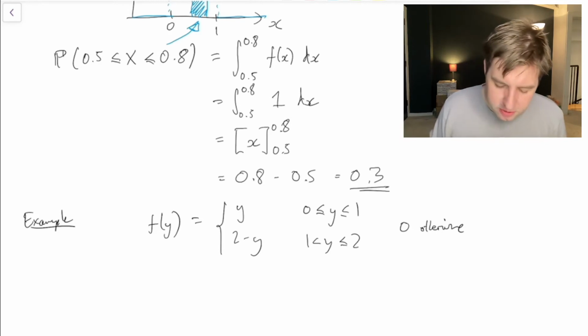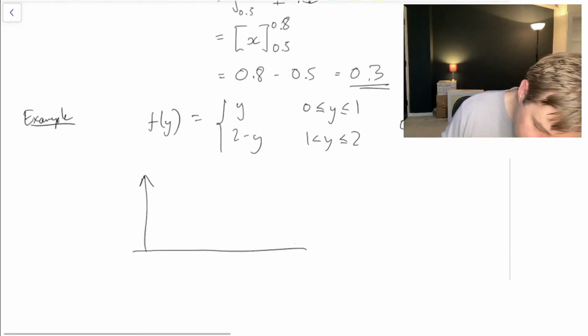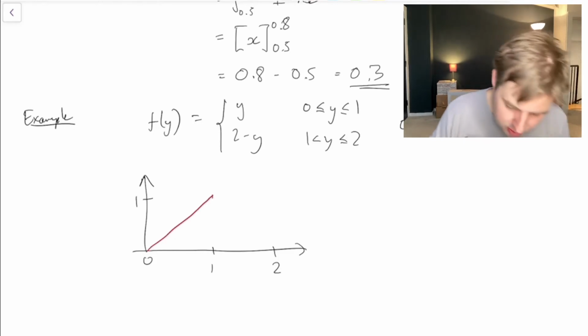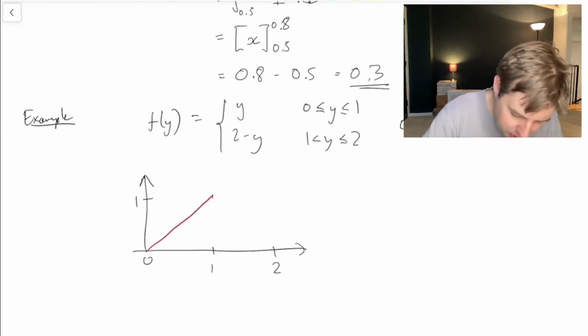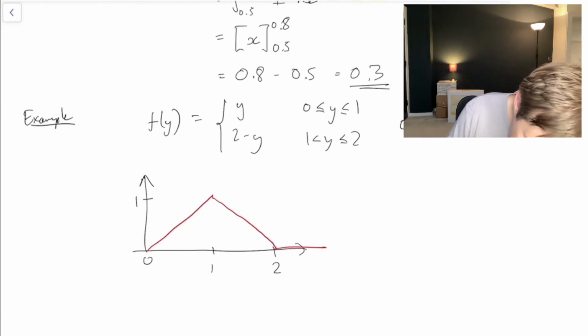So if we look at this PDF, between 0 and 1 it's equal to y, so that looks like that. Between 1 and 2 it's 2 minus y, which is that, and then it's 0 everywhere else.